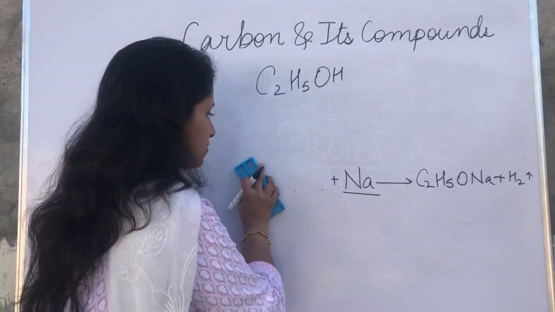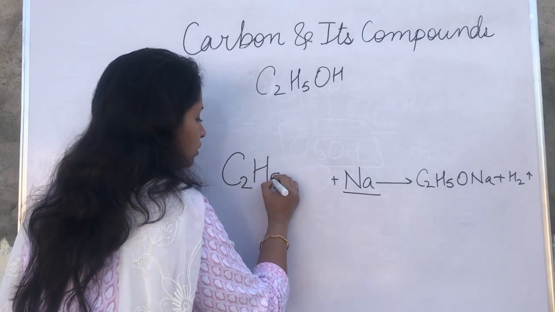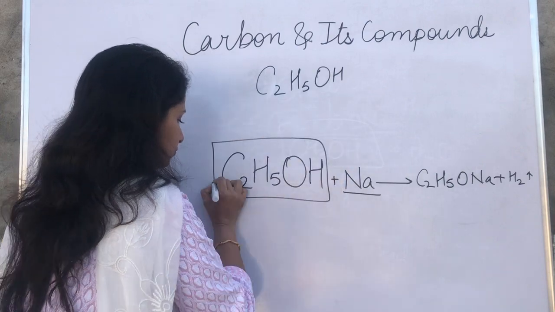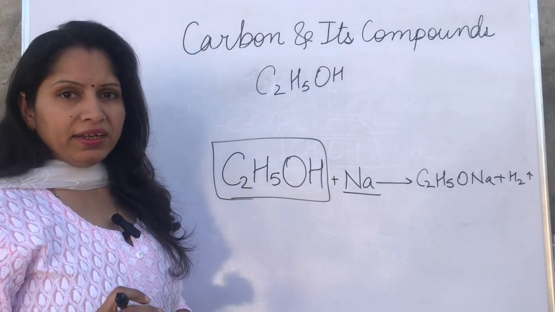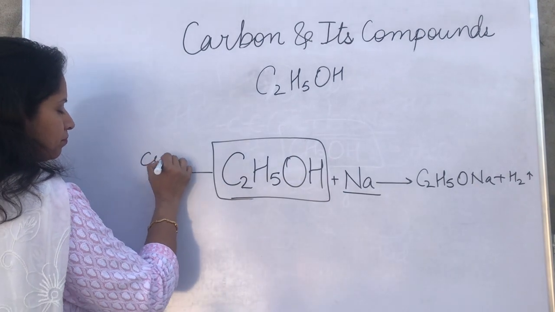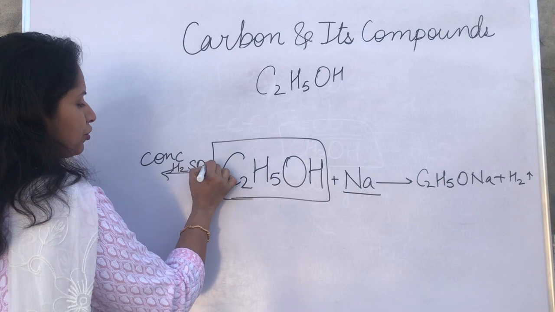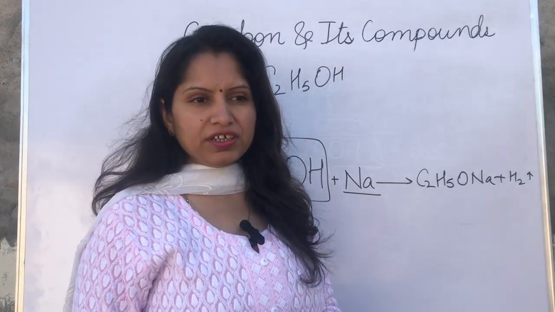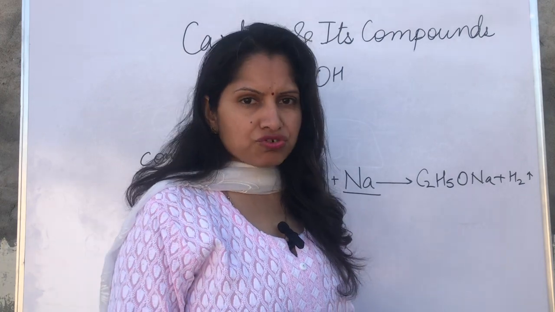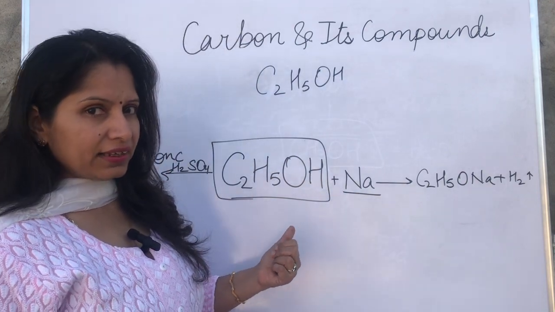Okay, next is this ethanol. I'm going to write it in bold because here only we are going to show all the reactions of ethanol. So this ethanol, when it reacts with concentrated sulfuric acid, which is a dehydrating agent, dehydrating agent means which can remove water from something. So concentrated sulfuric acid will remove water from this alcohol.